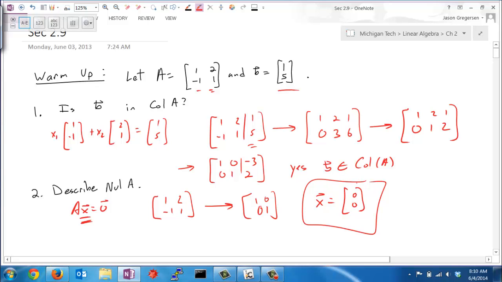Wait a second. The null space is 0? Is that even a space? Well, to be a subspace, we take a set of vectors from R2, a certain collection of those vectors. Here my collection is very small. It's just the 0 vector. But does it satisfy the 3 properties that make a subspace? Does it contain the 0 vector?